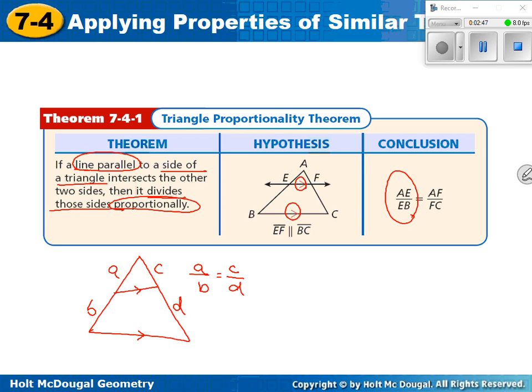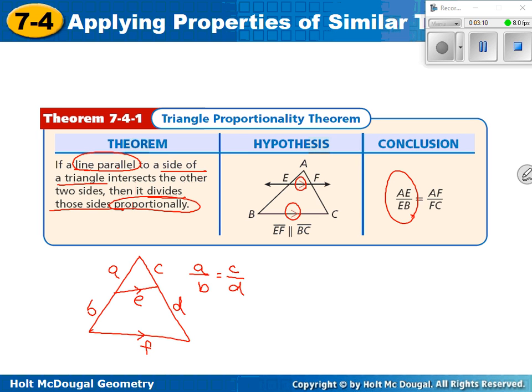Here's the part that most students end up messing up on the test. It does not say that E over F is proportional to these fractions. E over F is not proportional to these fractions. These fractions are comparing a side of a triangle to a piece of a trapezoid.